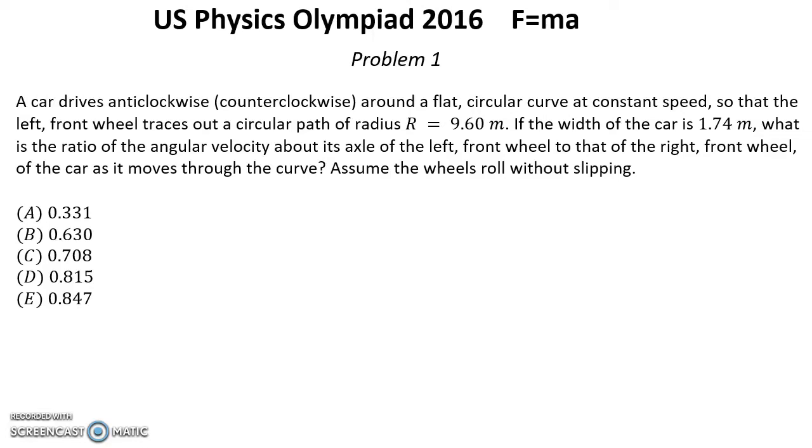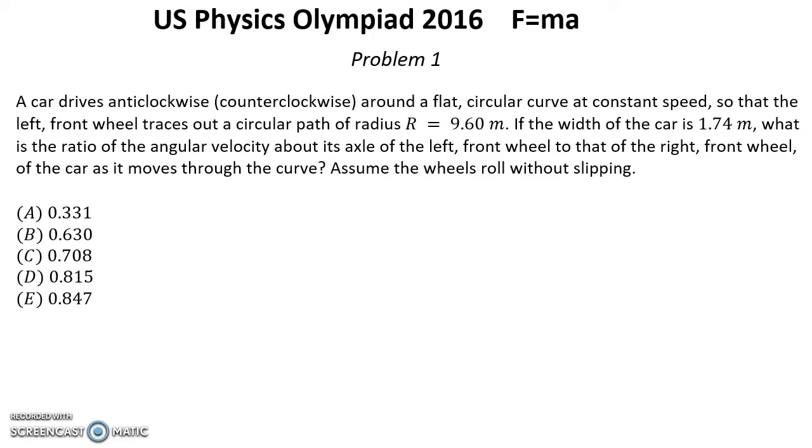Problem 1. A car drives counterclockwise around a flat circular curve at constant speed, so that the left front wheel faces out a circular path of radius r equal 9.6 meters.